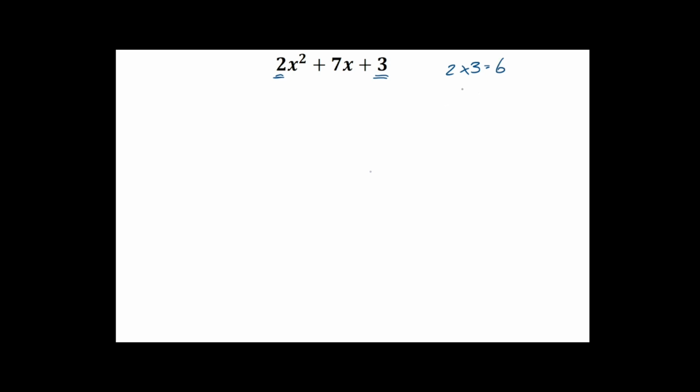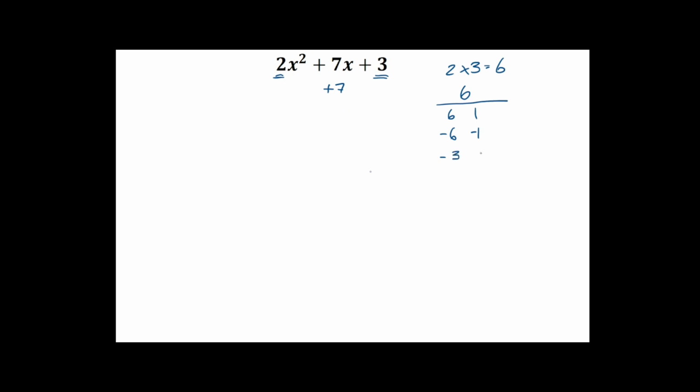So we're looking for a multiple of 6 that multiplies to give us 6 and adds to give us positive 7. Well, there's one that springs up straight away, and it's 6 and 1. But for the sake of argument, let's go through all of the terms. Remember, we have to consider the negative terms.